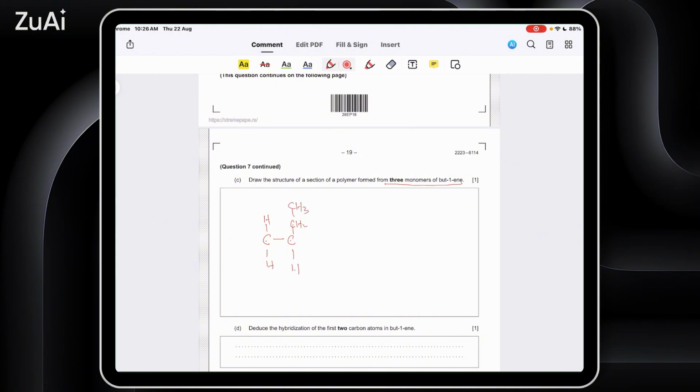Yeah, and hydrogen there. Then we have to make 3 monomers. Again, CH2, CH3. Then again we have to make the same one, CH2, CH3. So this is the 3 repeating units.